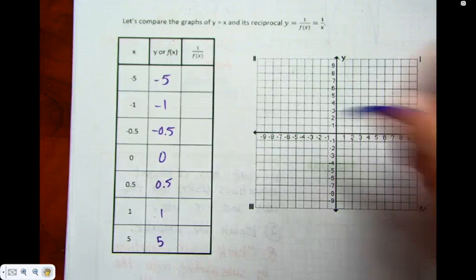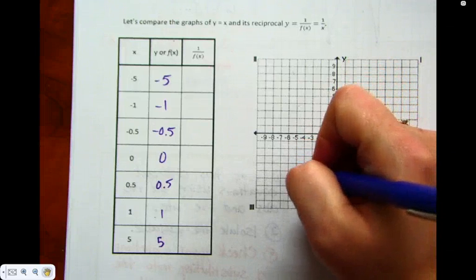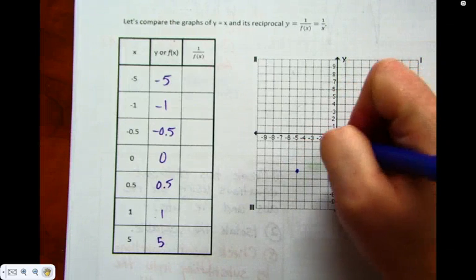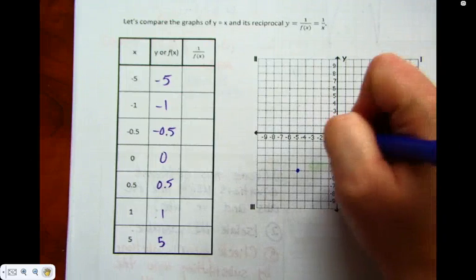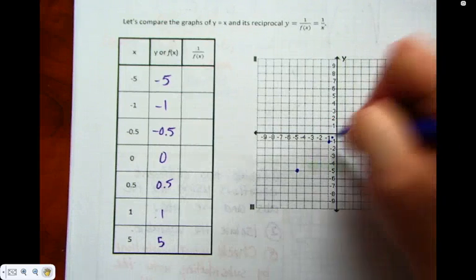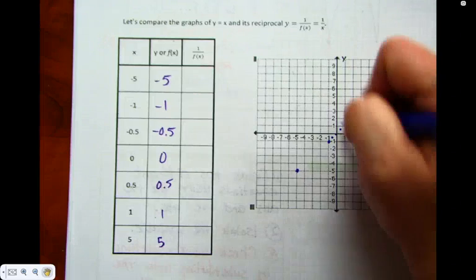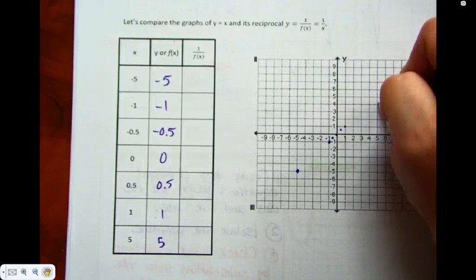Okay, so let's graph this line. Should be no surprise what it looks like. Negative 5, negative 5. Negative 1, negative 1. Negative 0.5, negative 0.5. 0, 0, 0.5, 0.5. 1, 1, and 5, 5.